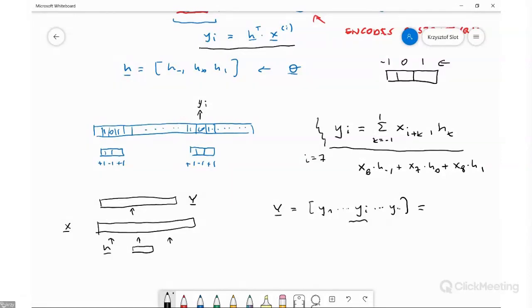And I have a name for this operation: I will name it the correlation of these two functions. Correlation is just an aggregation of dot products.